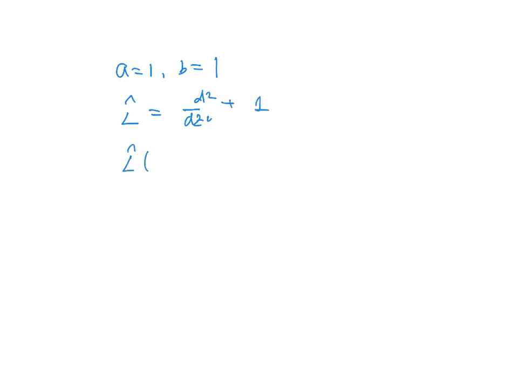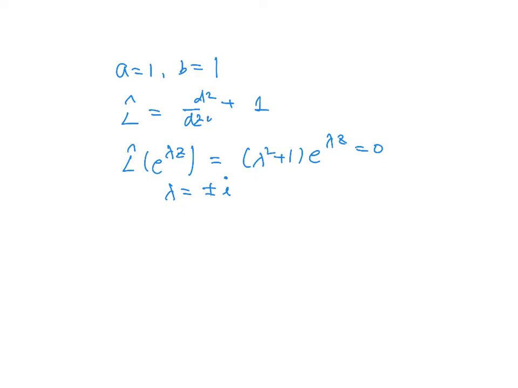So L exponential lambda z gives lambda squared plus 1 times exponential lambda z is equal to 0. So lambda has to be plus or minus i.